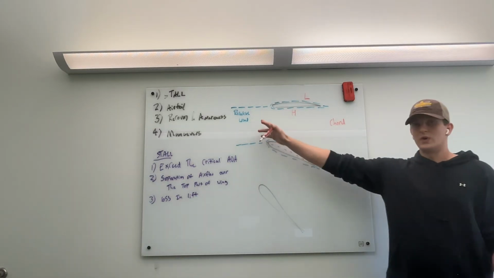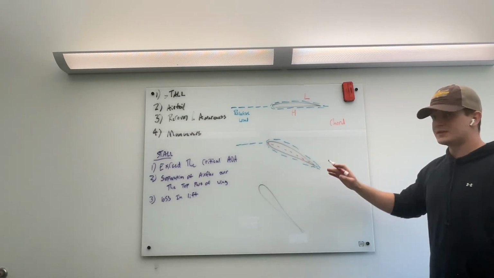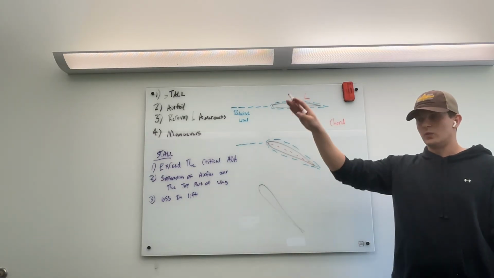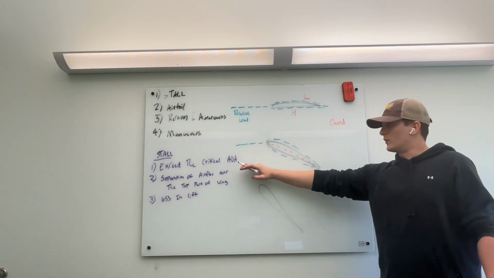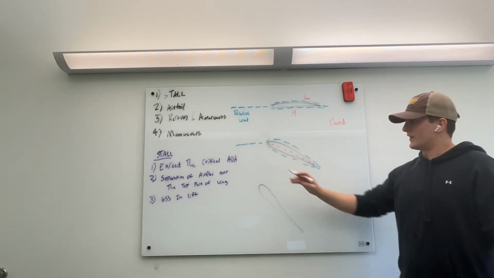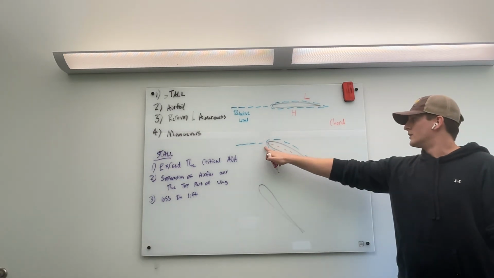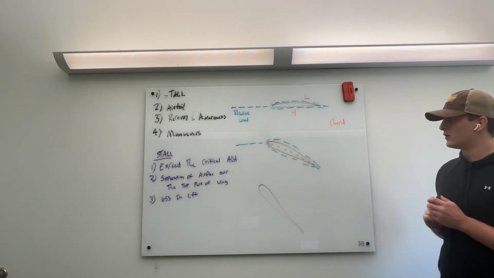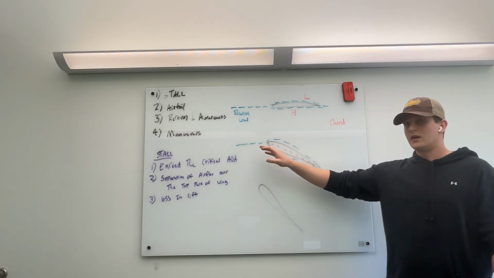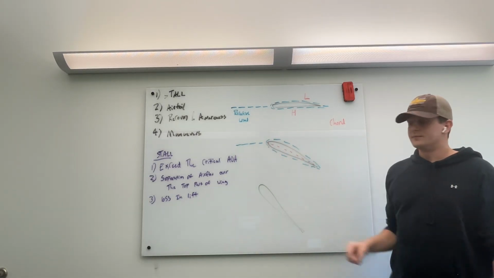As they interact with the relative wind right here, that's just going to be the angle in which the wing is off of our relative wind. That's going to come into play whenever we talk about exceeding the critical angle of attack later. So the chord line simply is the imaginary line from the leading edge of the wing to the trailing edge of the wing, and the angle of attack is the angle in which that chord line is to the relative wind.